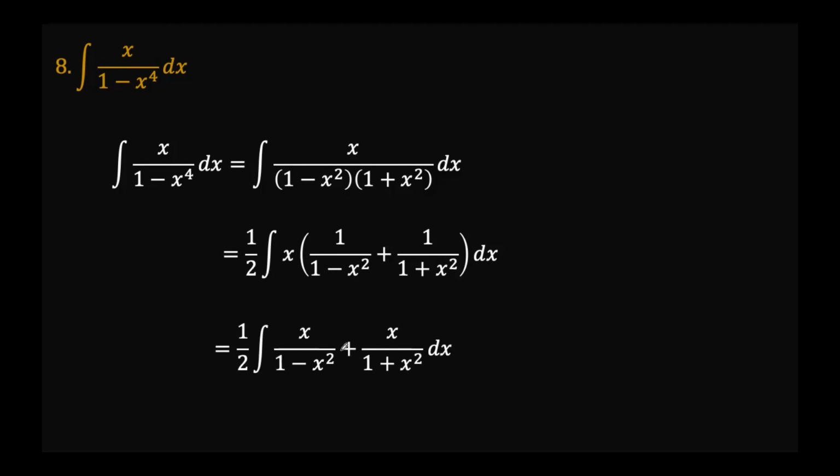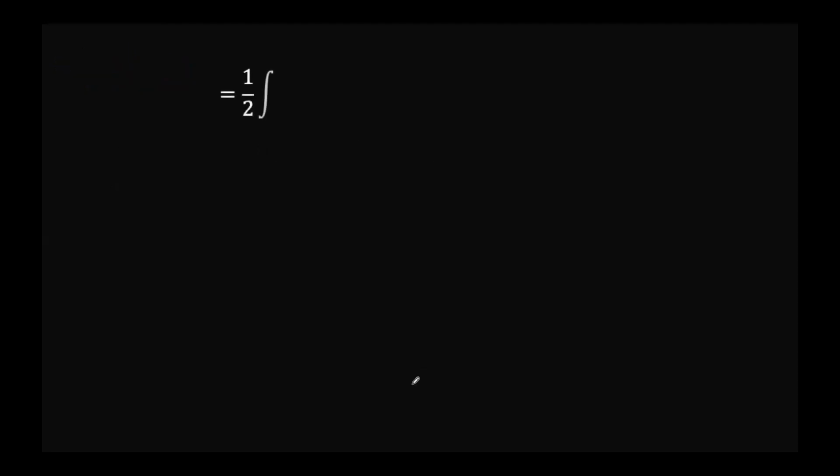So we have the integration of x over 1 minus x squared plus x over 1 plus x squared. So as you can see here, these are very simple integrals. It's the same as natural logarithm. When you integrate this, of 1 minus x squared, negative half as a constant, and here we would have half of natural logarithm of 1 plus x squared.